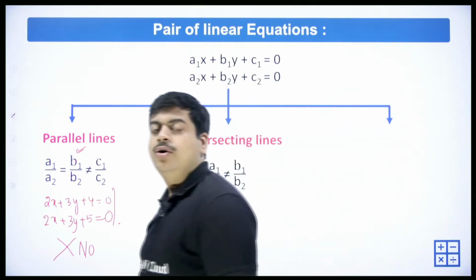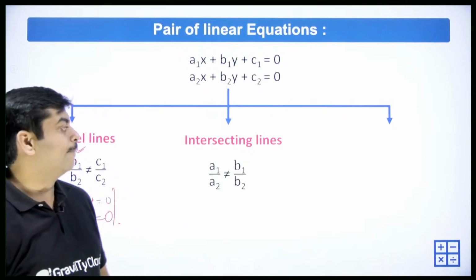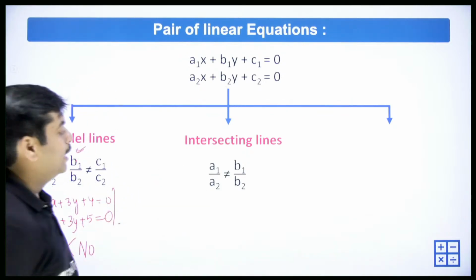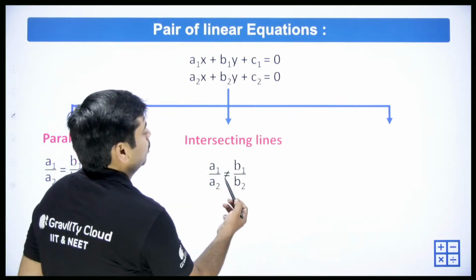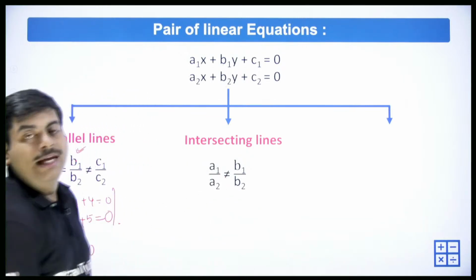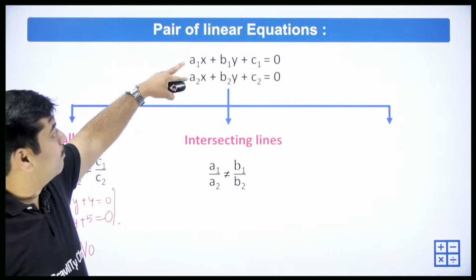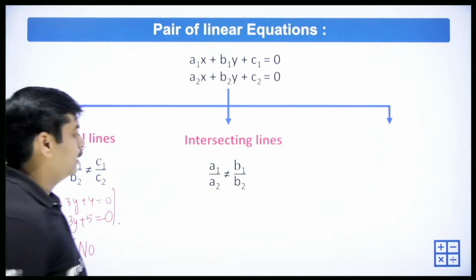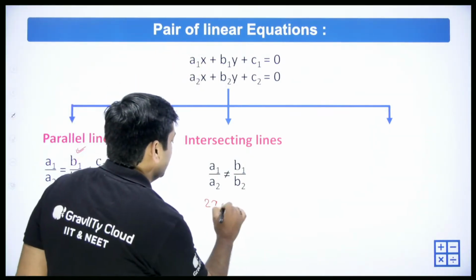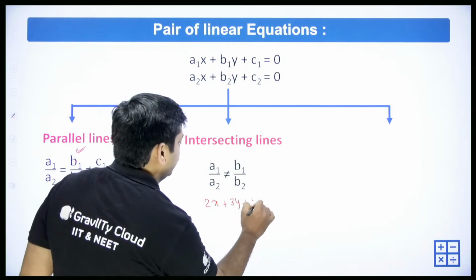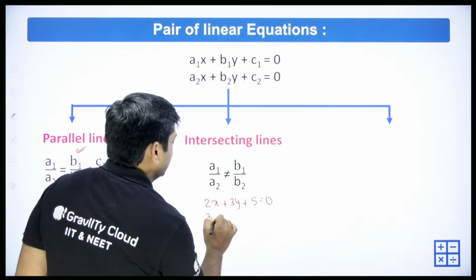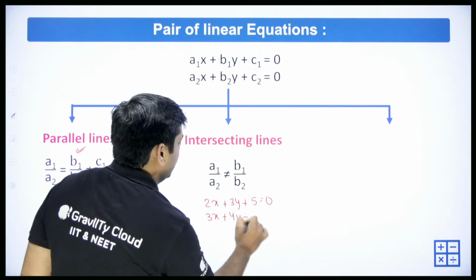The next one we are talking about is intersecting lines. In intersecting lines, a1 by a2 is not equal to b1 by b2. I'll give an example here. 2x plus 3y plus 5 is equal to 0, and 3x plus 4y plus 7 equal to 0.